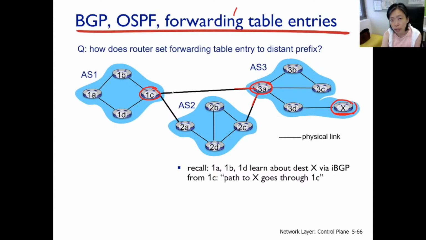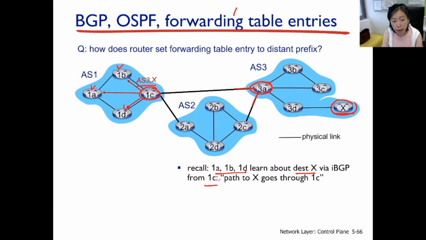And 1C, according to example 2, chooses the shorter AS path. Let me run the animation. So 1C discovers 2 paths and picks the shorter one. And this shorter path is further propagated internally to all routers, so 1A, 1B, and 1D will learn about the shortest path to destination X from 1C.